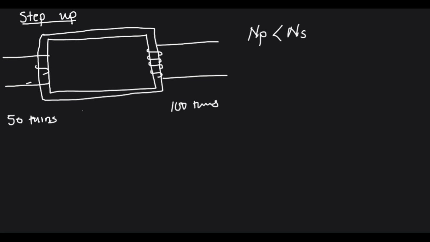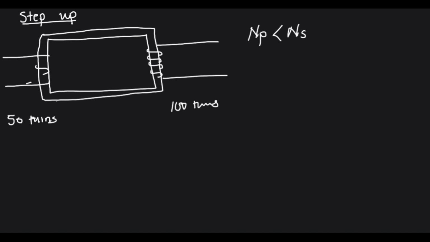If we do the mathematics, we can see that there was a certain number used to multiply the 50 turns to get 100 turns. So the ratio here is 2, or 1 to 2. So 50 times 2, we have 100 turns.